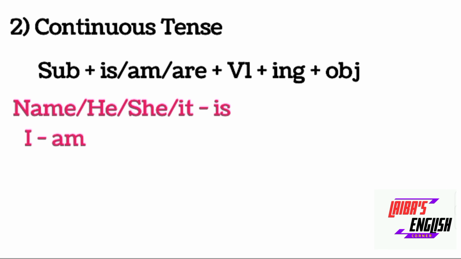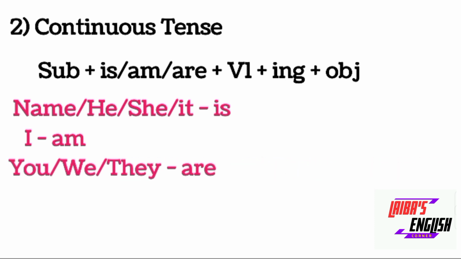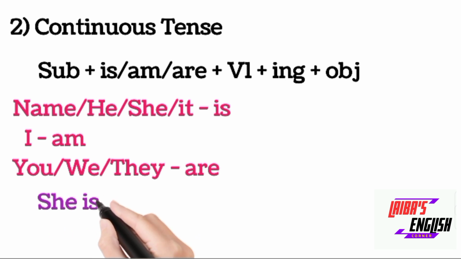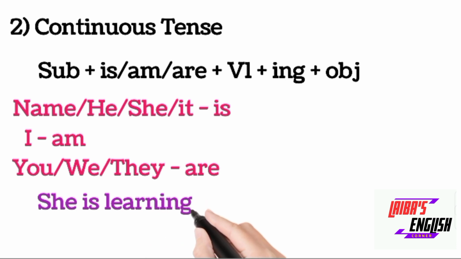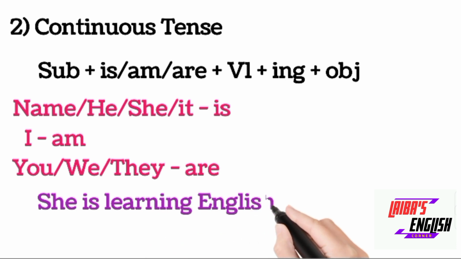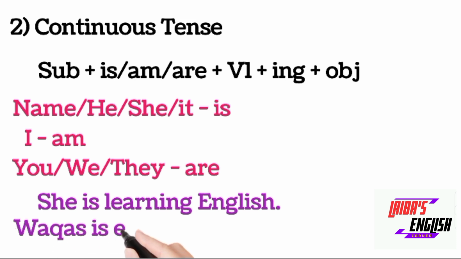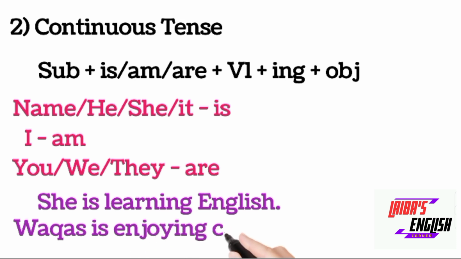Whenever you have name, he, she, it, we use is. Whenever there is I, we use am. And whenever there is you, we and they, we use are. For example, she is learning English. With she, we use is. Learn is the first form, with it we use ing, and that's the sentence.